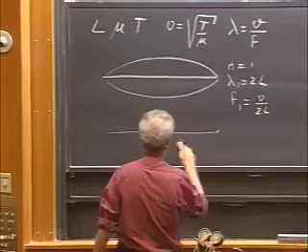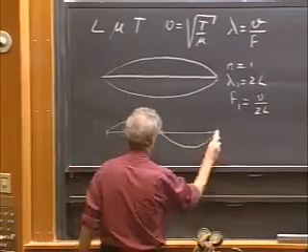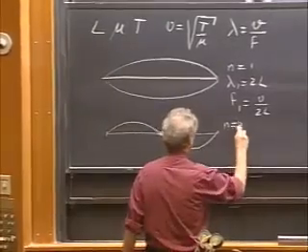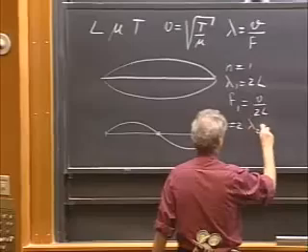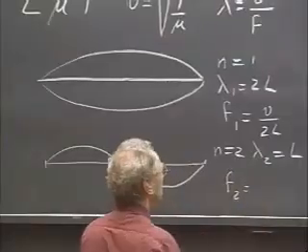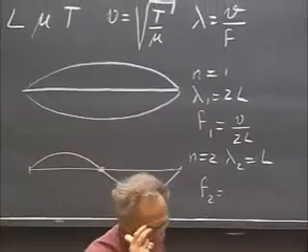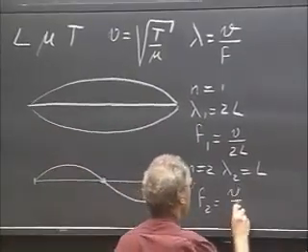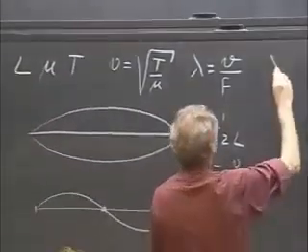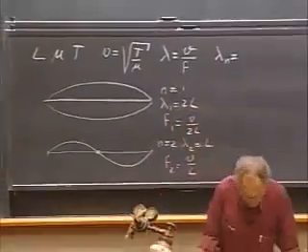If we go to the second harmonic, then the picture changes. We get a node in the middle, and so we have here n equals 2. So lambda 2 is now L, and so F2 is again V divided by the wavelength, so that becomes V divided by L. And so we can write down the general equation for the nth mode, n being Nancy.